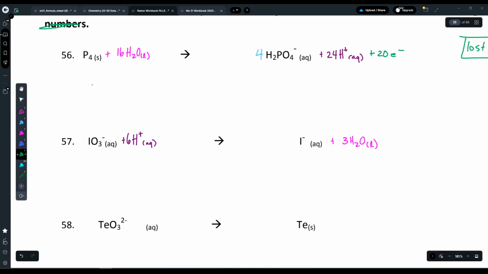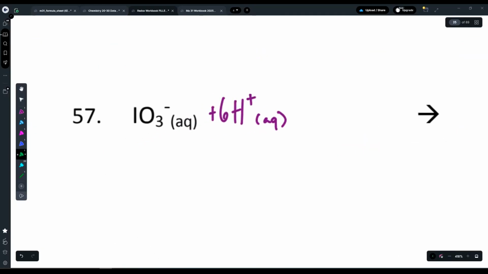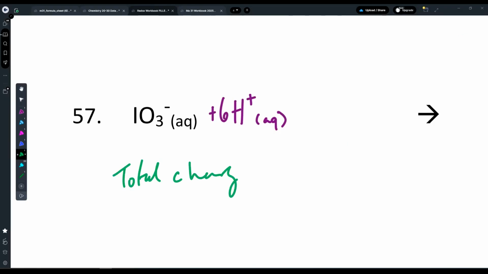Now I need to figure out, okay, what's the total charge on each side? So total charge, so we have 1 minus coming from here. Okay, and then we have 6 positive 1 charges coming from here, so plus 6, that's equal to positive 5.